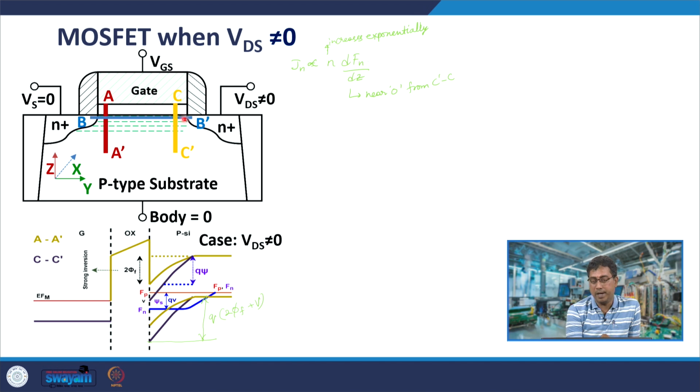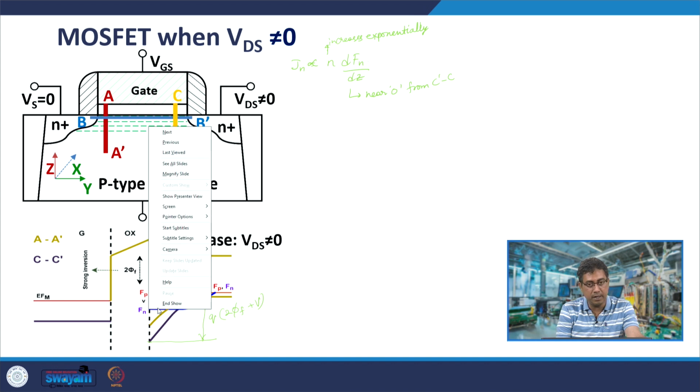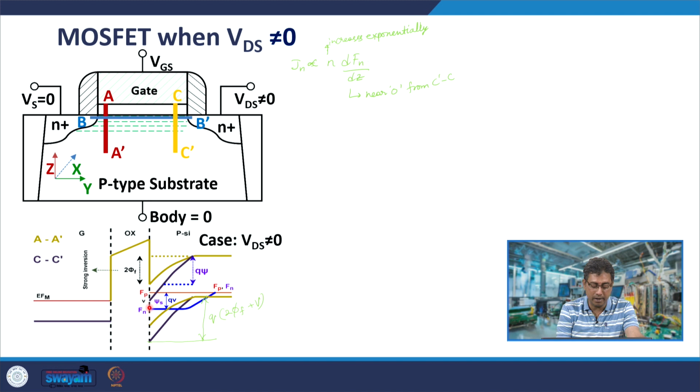Therefore, the quasi-Fermi level of electrons would be horizontal as you move into the depletion region. As you move from B to B prime, at A prime the quasi-equilibrium band diagram was valid, and when you move towards C prime, you find that the surface potential has increased by a value V. We also see that the quasi-Fermi level of holes is horizontal and aligns with that in the neutral bulk region, and the quasi-Fermi level of electrons would remain horizontal from the silicon dioxide interface and should align with that at the interface.